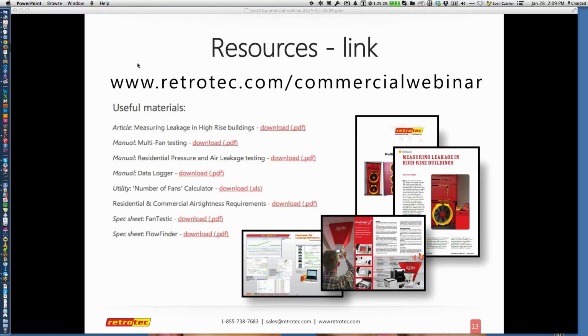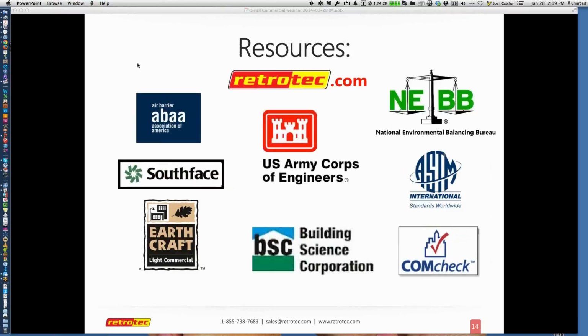These are some of the most common resources that I wanted to make sure I brought up. Are you familiar with some of these icons? Most of their web pages are almost identical to their name. There's the Area Association and Southface. I have several slides from Southface. I actually live in Atlanta, and this is where they come from. They're a phenomenal, not just training organization, but they develop their own program on how to do residential, small commercial, and a whole neighborhood development, all with their Earthcraft program.